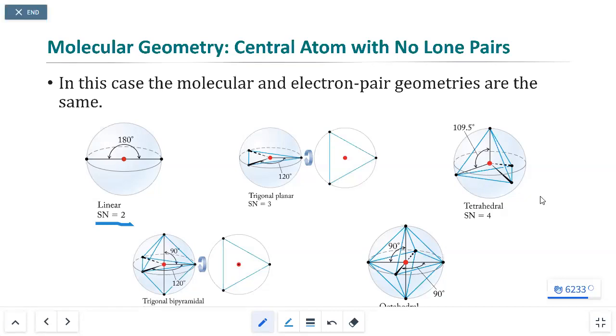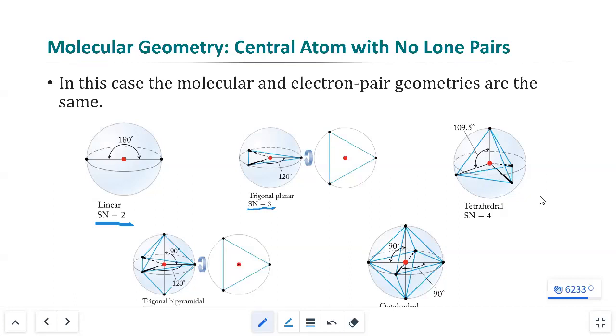If my steric number is 3, again, if I want to put 3 objects as far apart from each other as possible, in your mind, you're probably thinking triangle. And you would be right. The shape here is triangular. But we have to be a little bit more specific than that because, as you can see, there are multiple triangular shapes here in this series of objects.